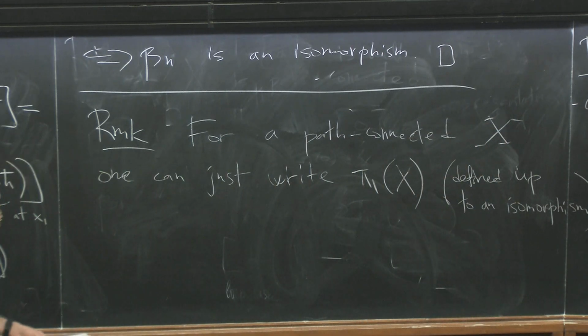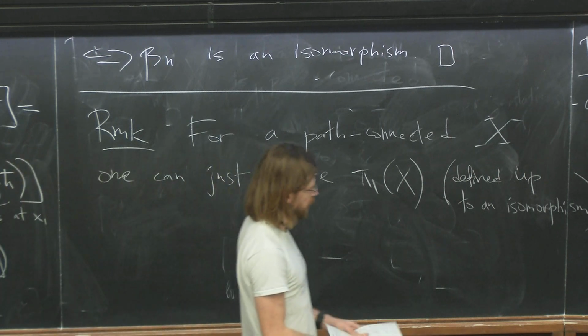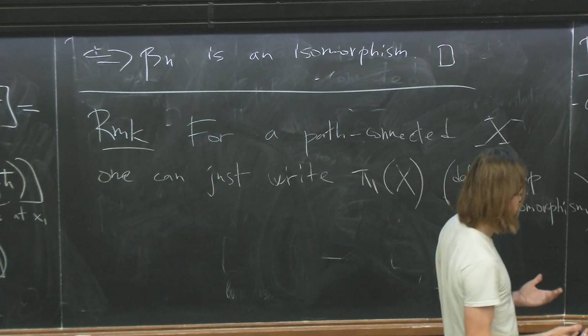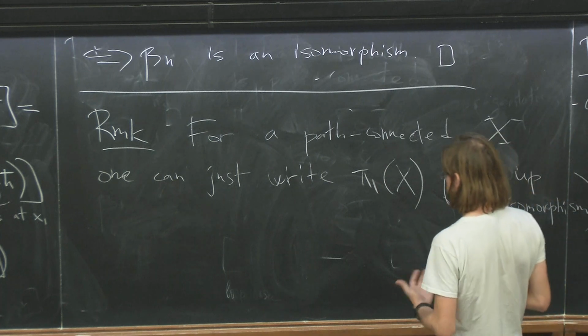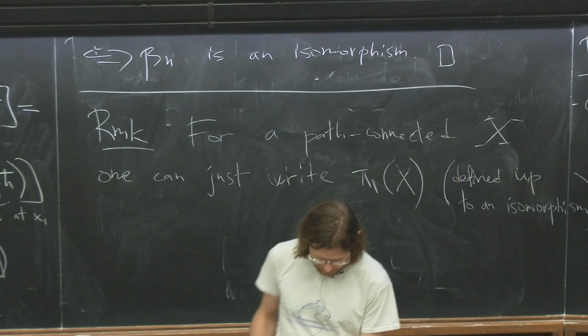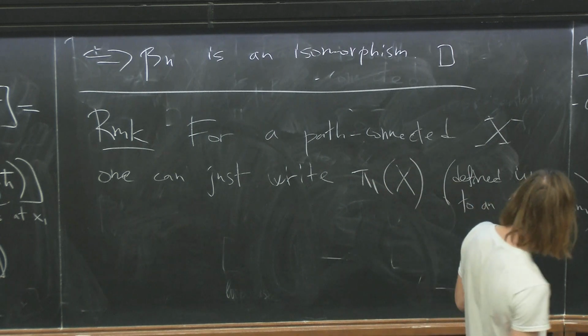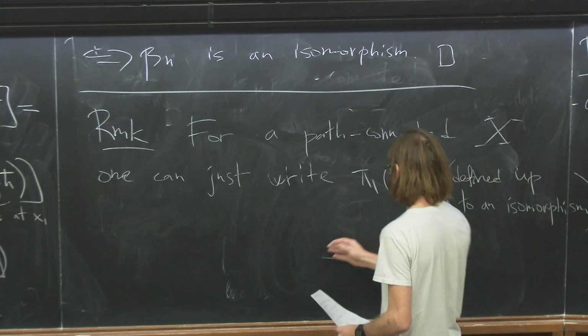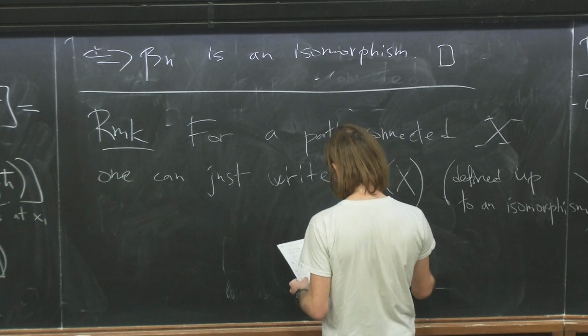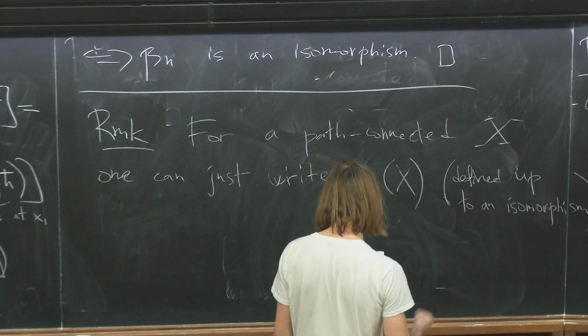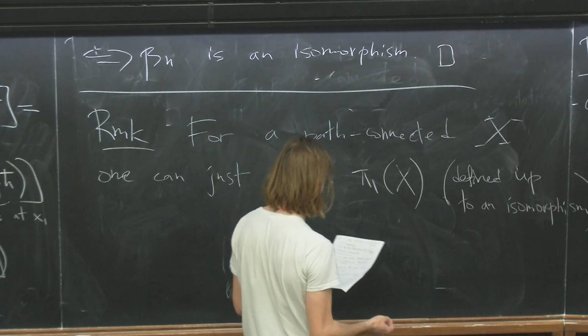So usually, if you want to compare two groups, we want to check if they are isomorphic or not. This can be enough to distinguish topological spaces.